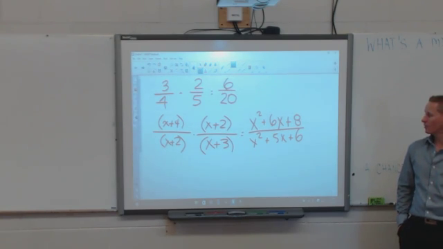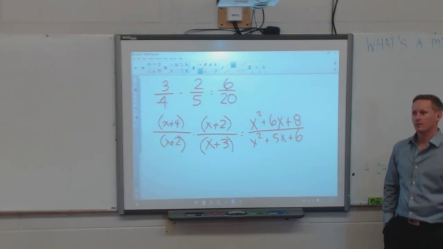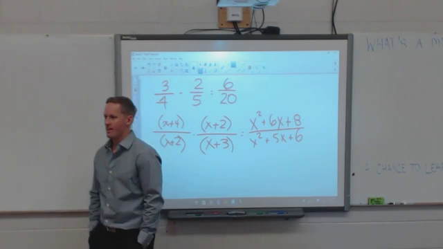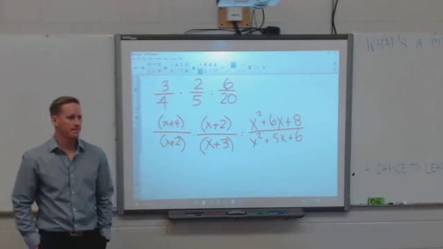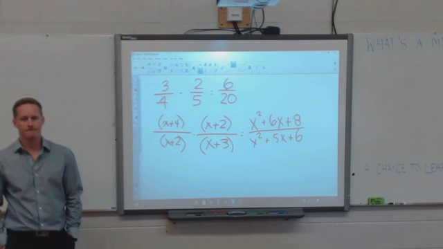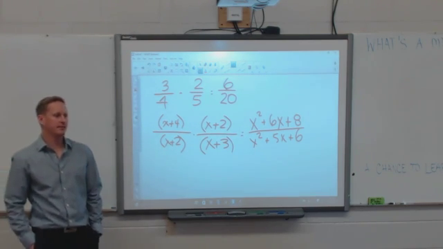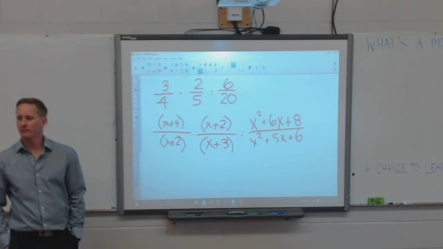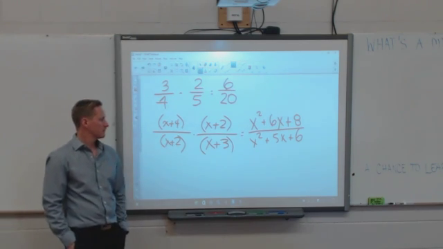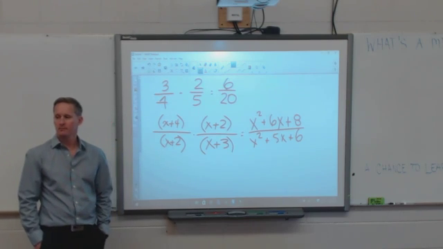X squared divided by x squared. I want to reduce it. It's a fraction. You can put the x, multiply x squared plus 5x plus 6 over.